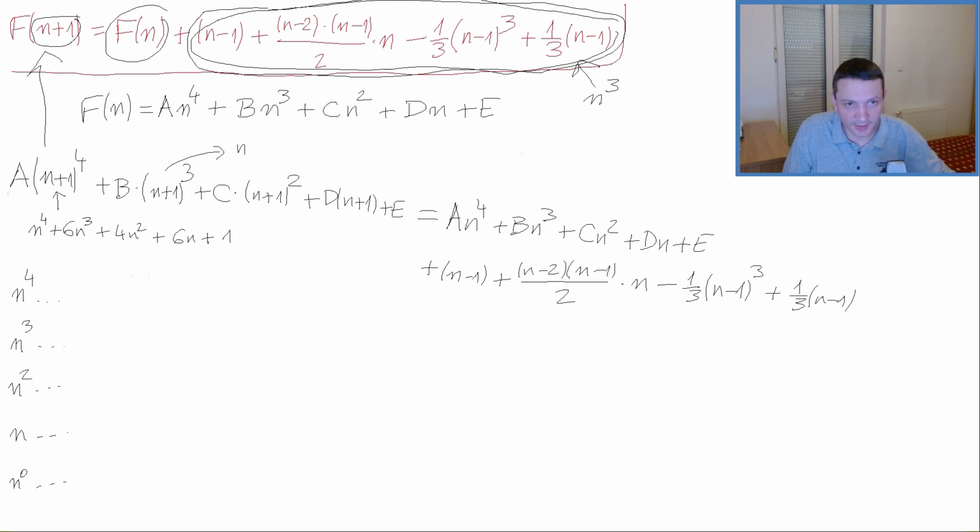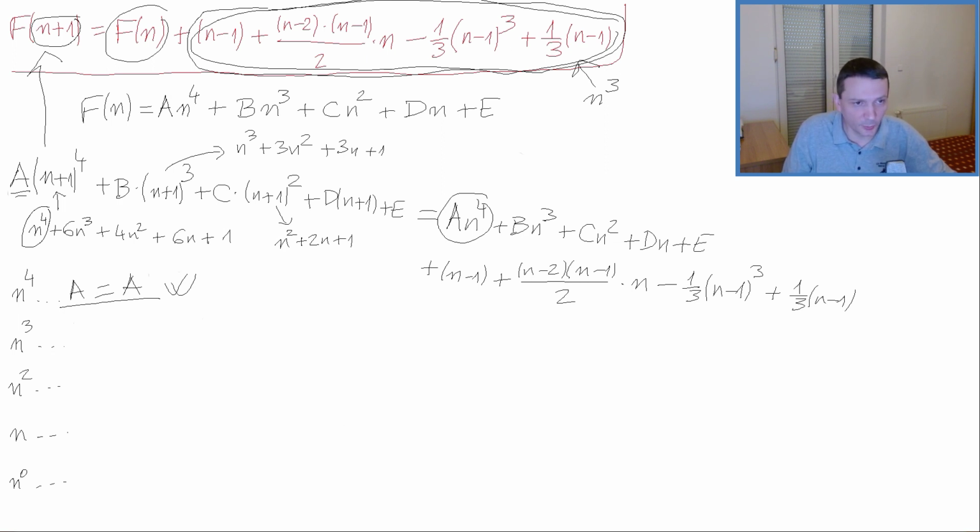This we already know is n cubed plus 3n squared plus 3n plus 1. And this is just the binomial square of the binomial n squared plus 2n plus 1. And so we have only one n to the power of 4 here with coefficient a on the left, and also one here also with the coefficient a. This is true, and we obtain nothing from this first equation.